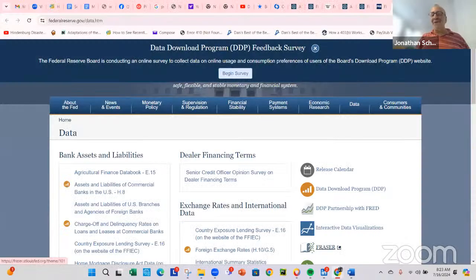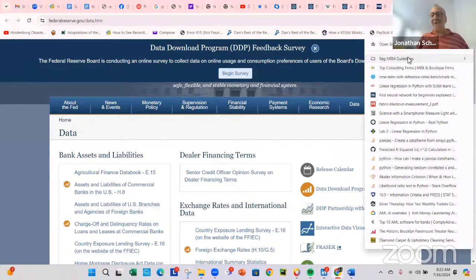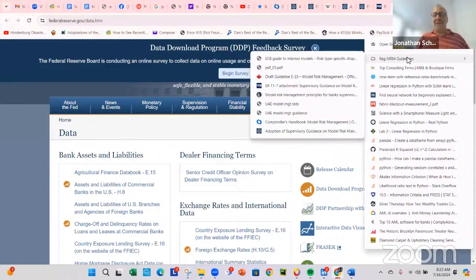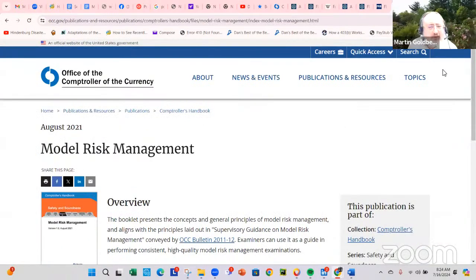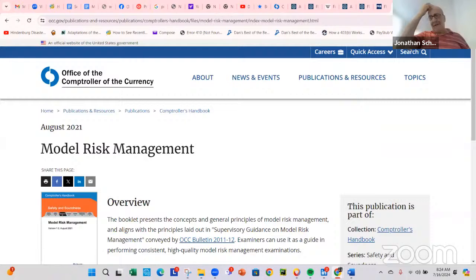Okay. So if we go under bookmarks, I've compiled a bookmark manager. You can probably see from here, in addition to SR 11.7, this is now a mix of a bunch of things. This one is one you've mentioned. I think it might be good to make sure we have a complete picture.